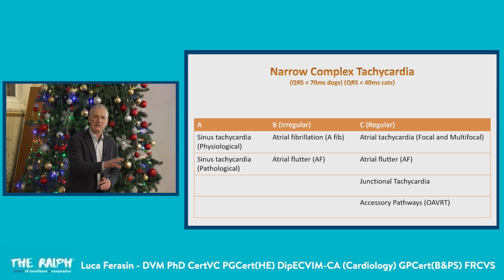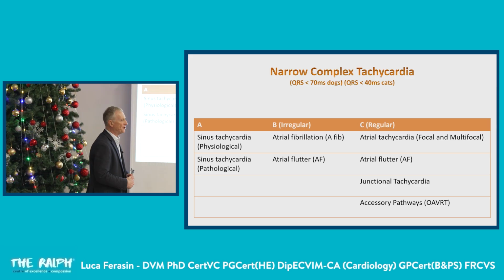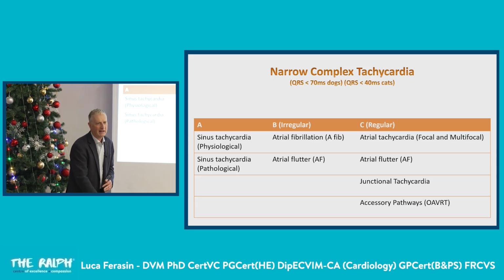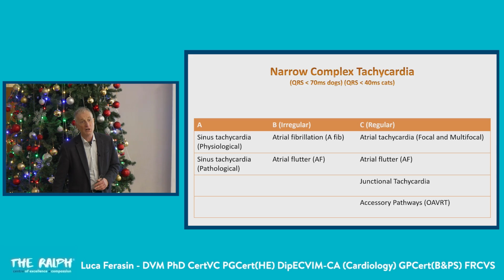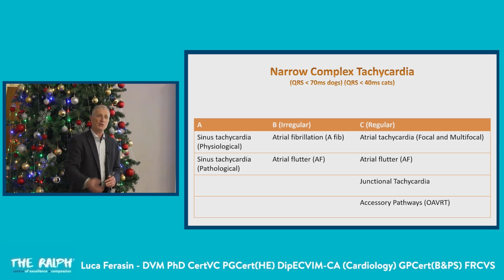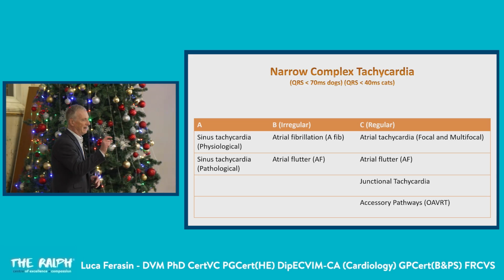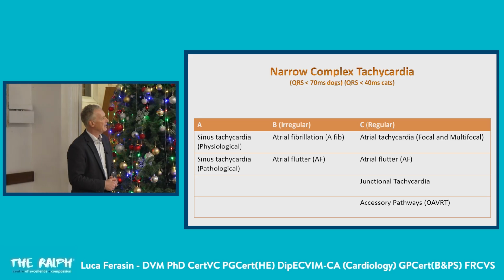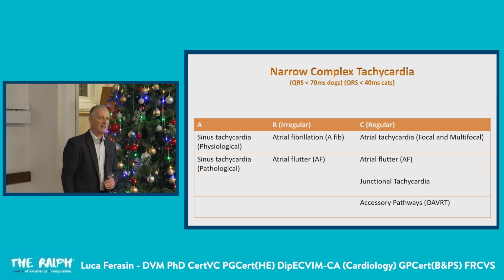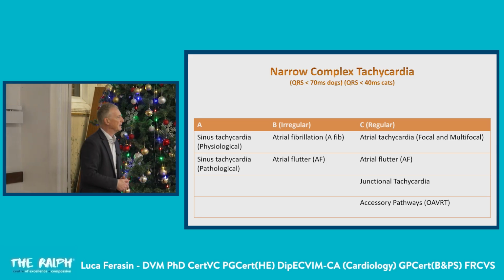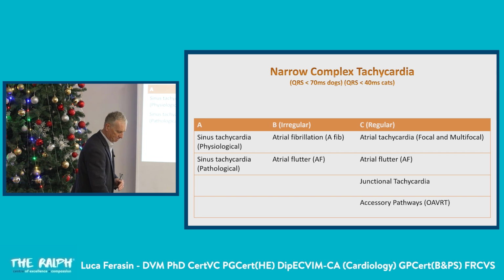Accessory pathways, we're going to see in more detail, are conditions where the electrical impulse, rather than dying naturally after the depolarization of the ventricles, goes back into the atria using an aberrant bundle of tissue that has a fast conduction, and therefore the impulse goes back to the atria and reignites the circle. These are, again, regular tachycardias.